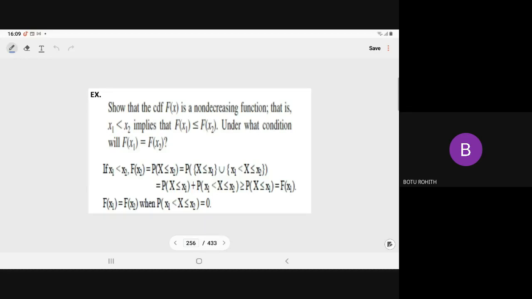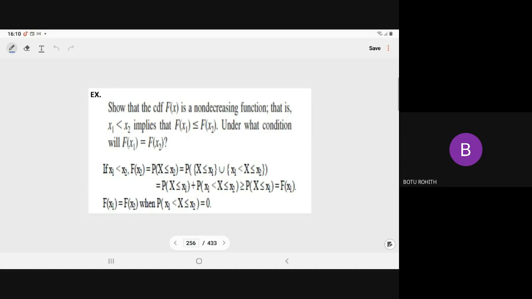The CDF F(x) is a non-decreasing function. That is, if x1 < x2 implies F(x1) ≤ F(x2). Under what condition will F(x1) be equal to F(x2)?